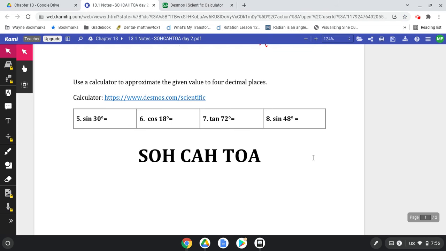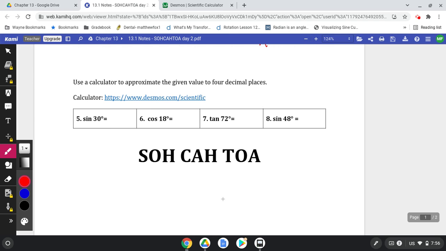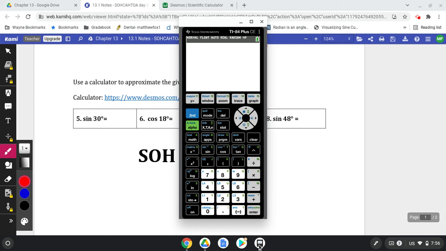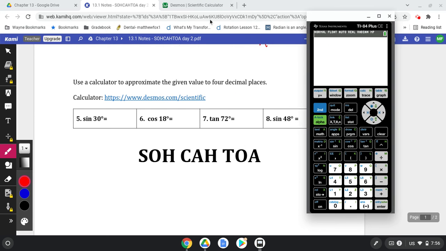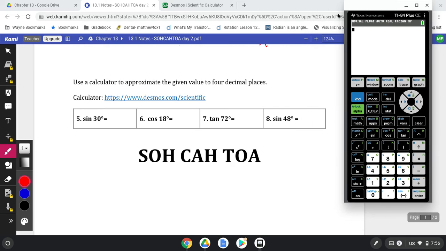The other way, some of you have access to this calculator, and we also have these calculators in my classroom. So to do this, one thing you got to know, we are finding these in degrees. If we look here on the calculator at the top here, it says radian. Okay, so this is what's kind of tough about these. We need to be in degree mode, so hit mode, come down here and go over to degree and hit enter.